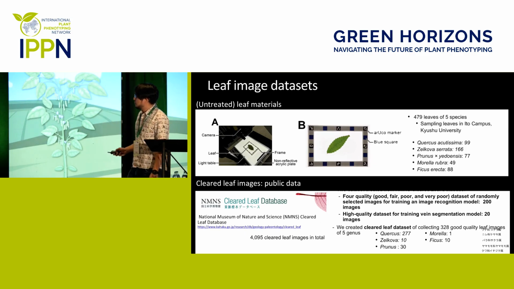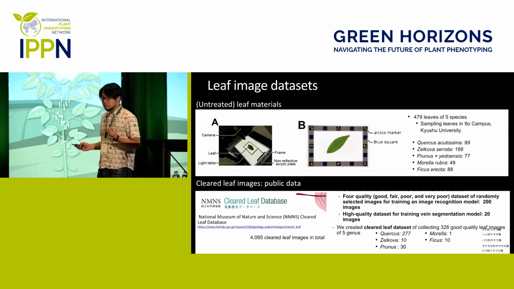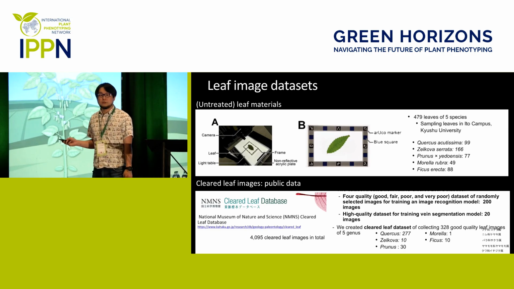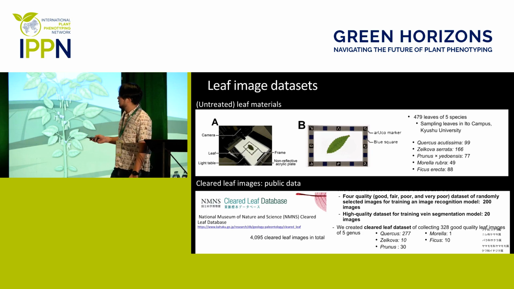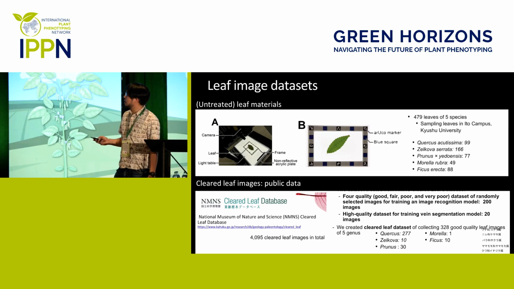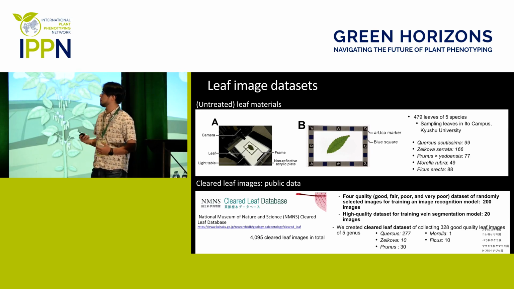Okay, let me explain my data in more detail. The first one is the untreated leaf data. In this study, we collected about 500 leaves of five species on our campus.